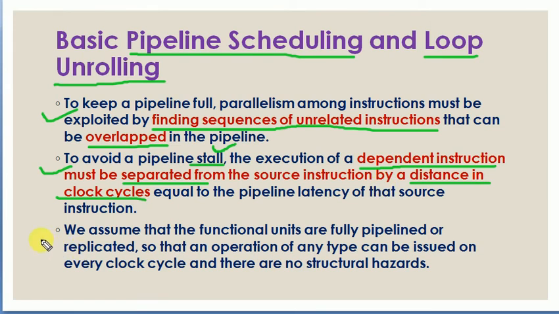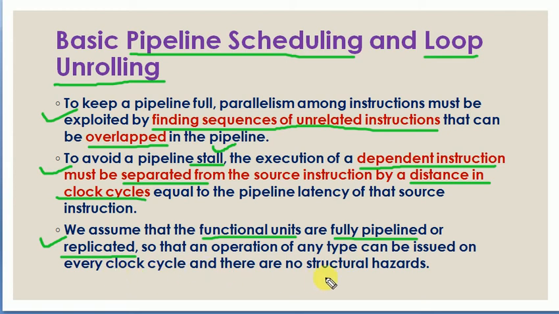When we implement instruction level parallelism using compiler techniques, we need to assume that the functional units present are fully pipelined or replicated. That means the functional units are further divided into sub units that can be pipelined, or we have multiple functional units available within our system, so that an operation of any type can be issued at any time in every clock cycle.